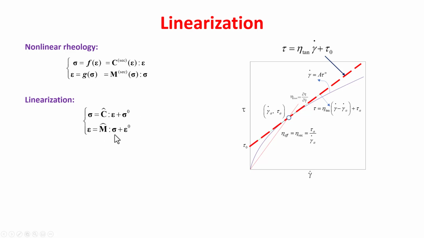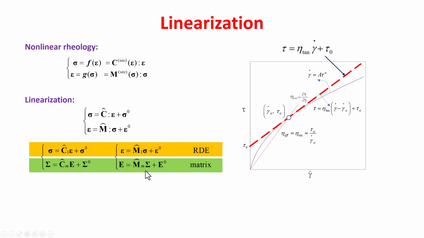Or if we use the inverse relationship, that leads to a linearized compliance and a back-extrapolated strain rate term. The linearization is carried out for both the inhomogeneity and also the surrounding matrix.